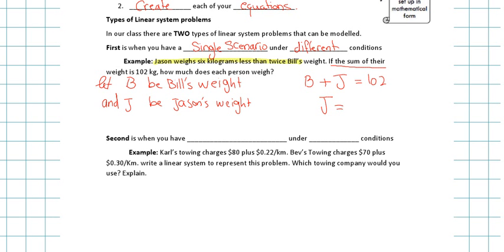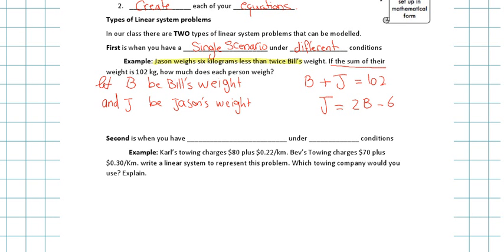So it's 2B minus 6. So Jason's weight is equal to 6 less than twice Bill's weight. Do you guys see that? Yeah.